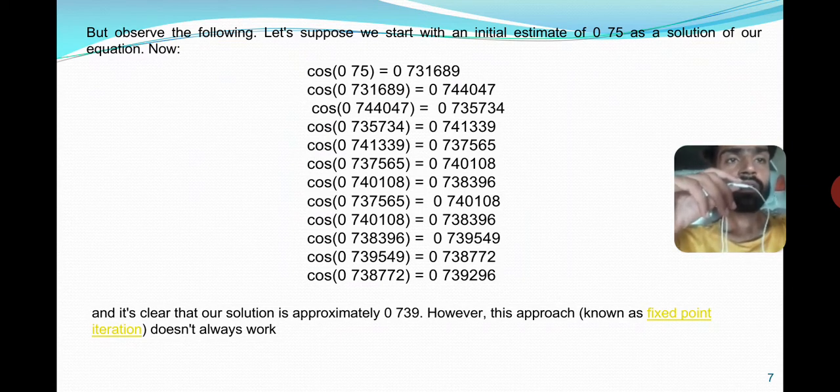Let's suppose we start with an initial estimate of 0.75 as the solution of our equation.